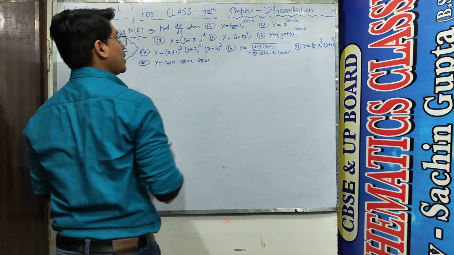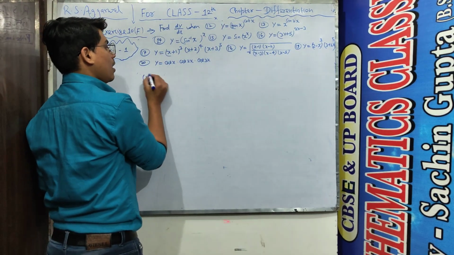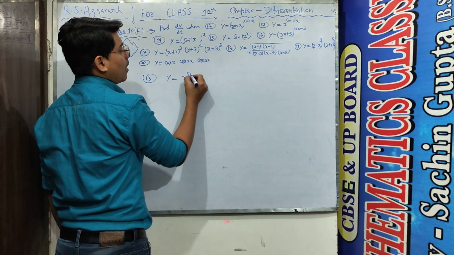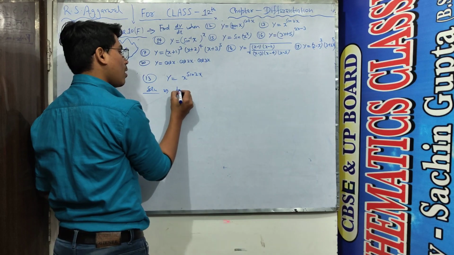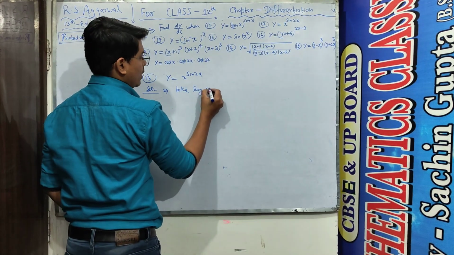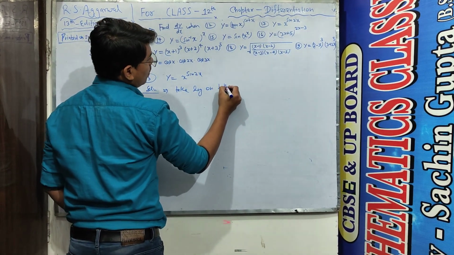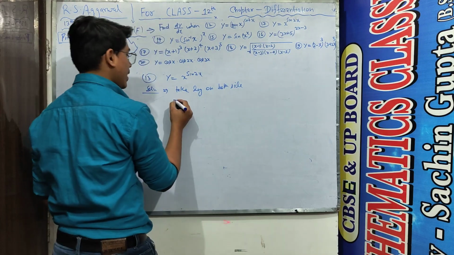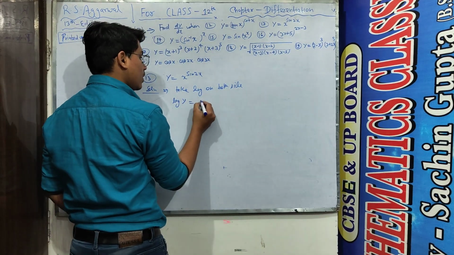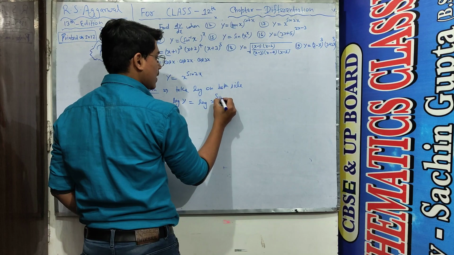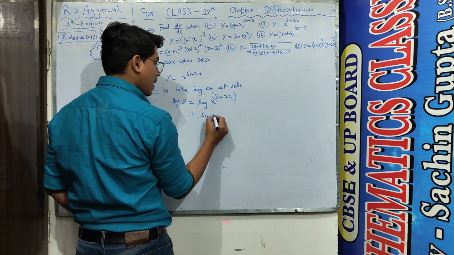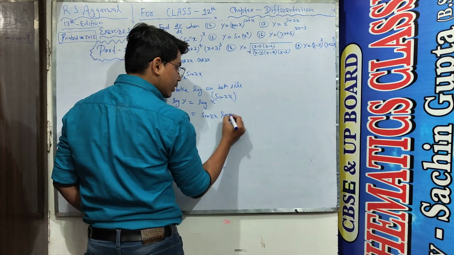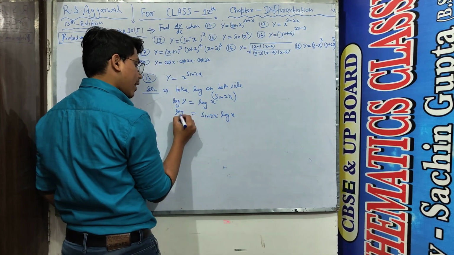Question number 13 is given to us: y equals x raised to the power sine 2x. Here I write, take log on both sides. Then it becomes log y equals log of x raised to the power sine 2x. This sine 2x comes before the log x, and this log y I write as well.